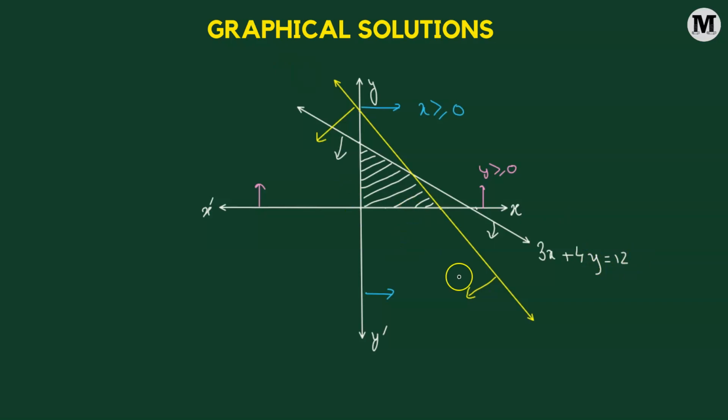Also, it includes solutions that lie below the line 4x plus 3y equals to 12. We also have in this region x greater than or equals to 0 because it lies to the right of the y-axis, and it also follows the inequality y greater than or equals to 0. That means it's going to lie above the x-axis. Now this common shaded region is going to be our final solution.